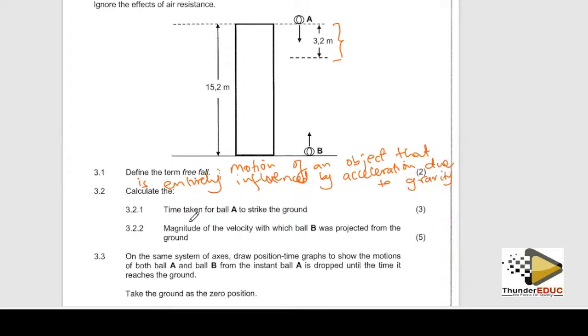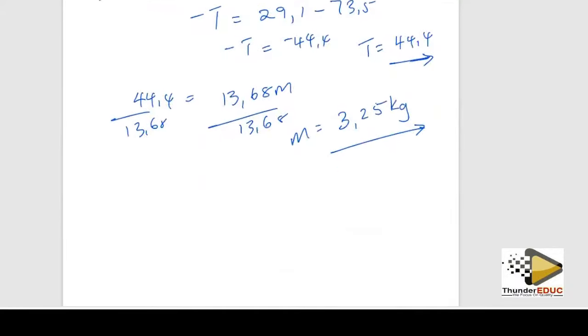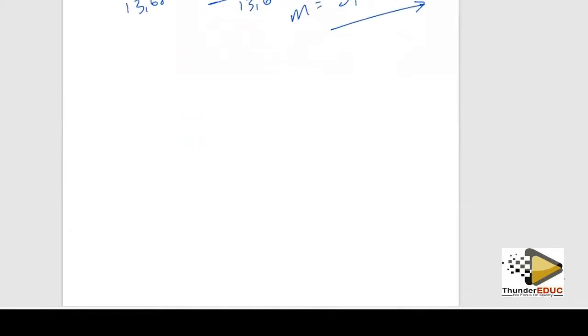Okay, then they're asking us to determine the time that it takes for ball A to strike the ground. So when we look at ball A, what do we know about ball A? Okay, this is 3.2.1. So for ball A, we know that the initial velocity is a 0.